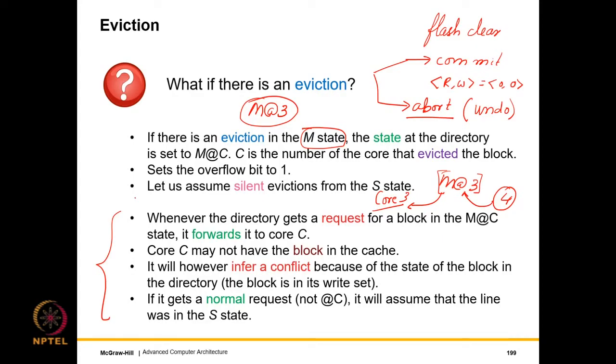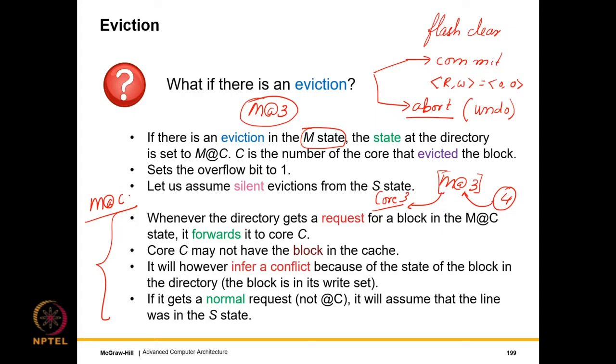It will see that the directory's current state is M at C. Because it is M at C, it will infer that since the directory never lies, most likely I had it in the modified state and I evicted it, and now somebody else wants to access it, but this block for sure is in my write set. So it will infer a conflict.